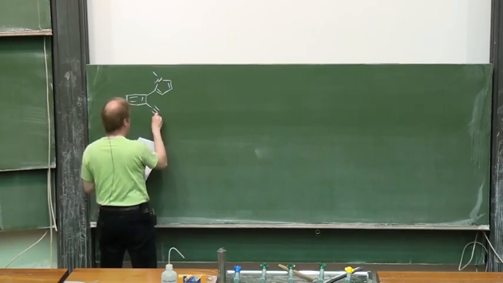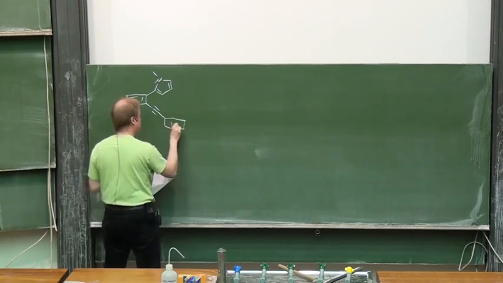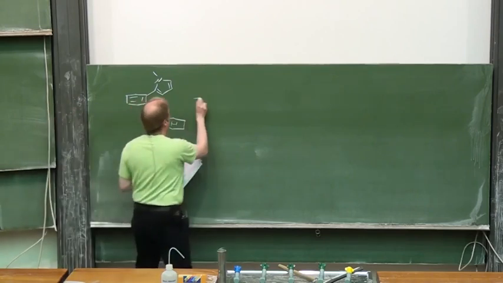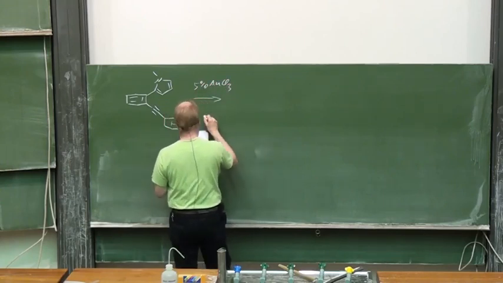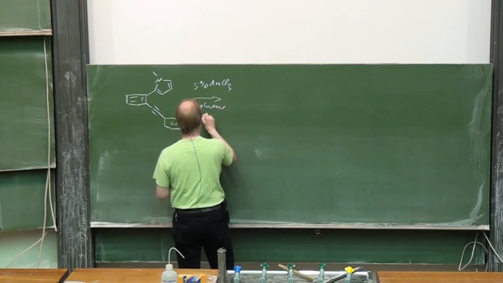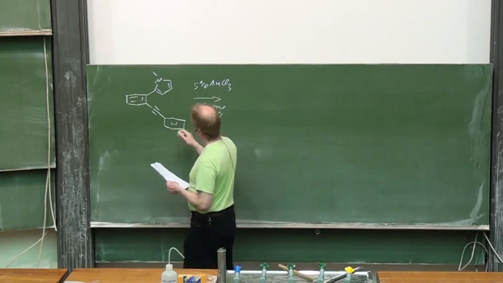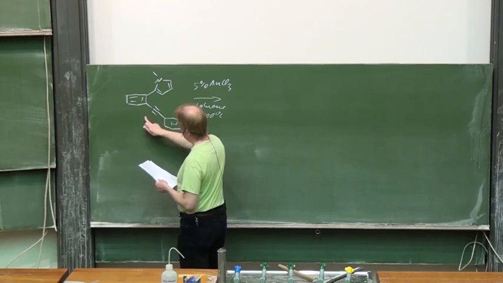So here the acetylene, this is a cyclohexane moiety. 5% gold chloride, toluene, 100 degrees. This is the nucleophilic center then. Here we will have the electrophilic center. The gold will intermediary be coordinated to this position.